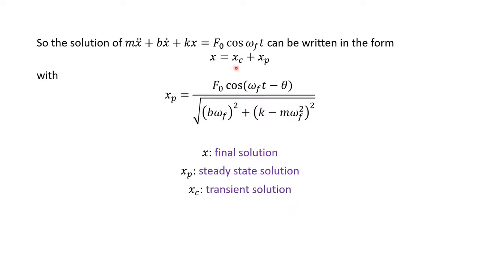So this one never sticks around. Eventually, it might take a long time, especially if the damping is great, but this one will eventually go to 0 and have no more influence. And all that will be left effectively is this one, which is why xp is referred to as the steady state and xc as the transient solution. But we'll illustrate this with an example.